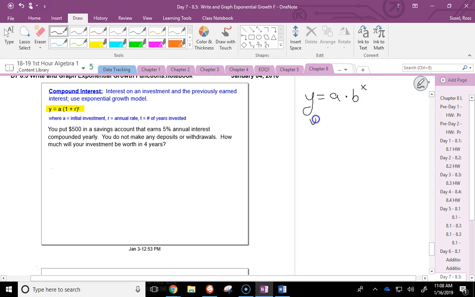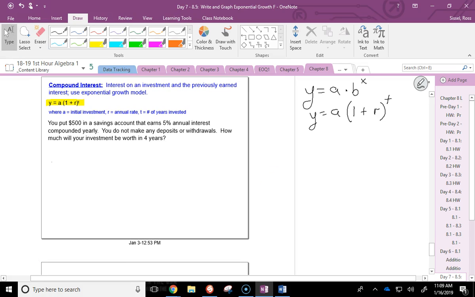The only difference is they break the b up into 1 plus the rate over time. B is like our slope. This is just going to be 1, and that stands for 100%, because 100% as a decimal is just 1, and then our rate.